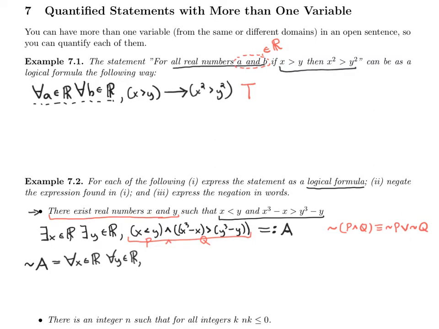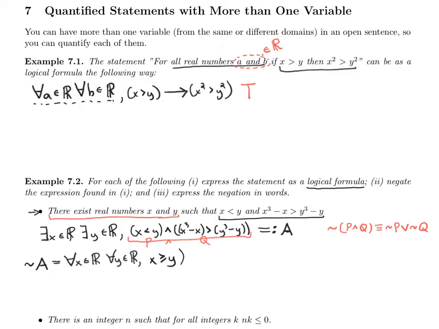So we have that either x is not less than y, so it means that x is greater than or equal to y. That's the negation of x is less than y. If it's not less than, it must be greater than or equal to.